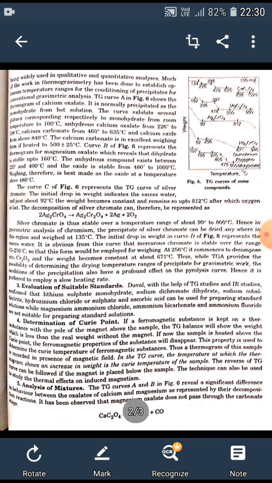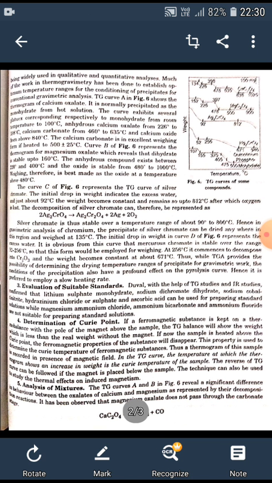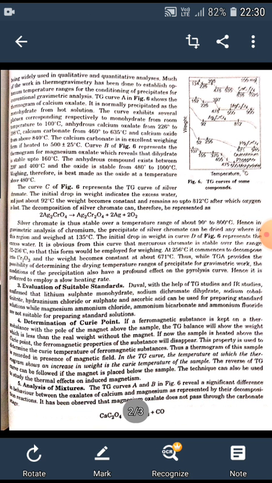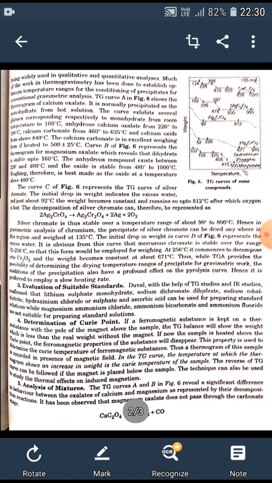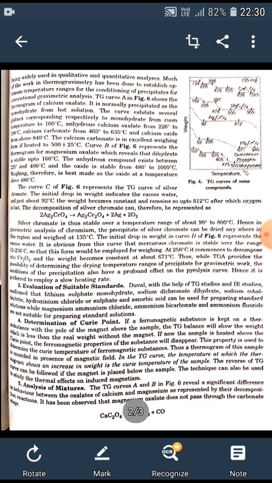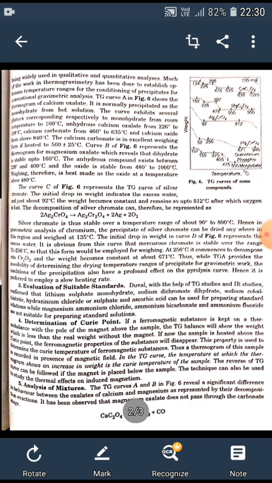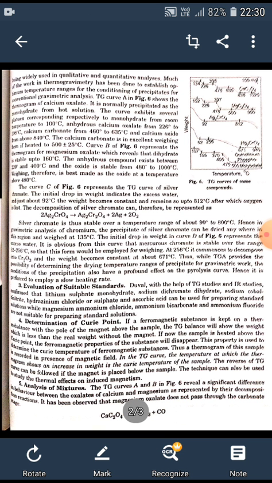The curve shows several plateaus corresponding respectively to monohydrate from room temperature to 100 degrees centigrade, anhydrous calcium oxalate from 226 degrees centigrade to 398 degrees centigrade, calcium carbonate from 460 degrees centigrade to 635 degrees centigrade, and calcium oxide from above 840 degrees centigrade.